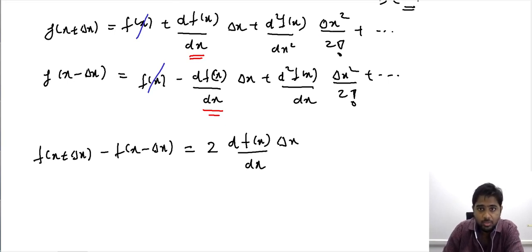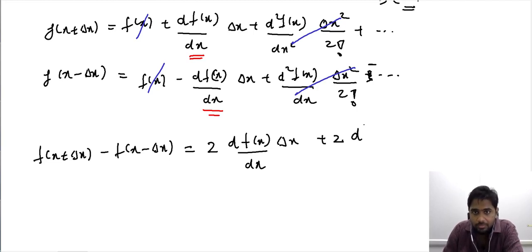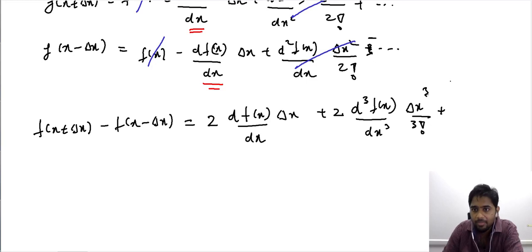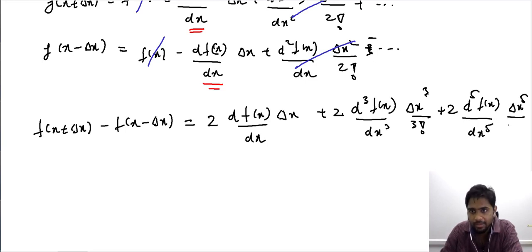Similarly, the terms with similar signs get cancelled out, and in the third term for f of x minus delta x, the sign is negative, so the third order delta x term remains. Therefore that term would be plus 2 times the third order derivative of f of x times delta x cube by 3 factorial, and the next term would be 2 times the fifth derivative of f of x times delta x to the 5 by 5 factorial.